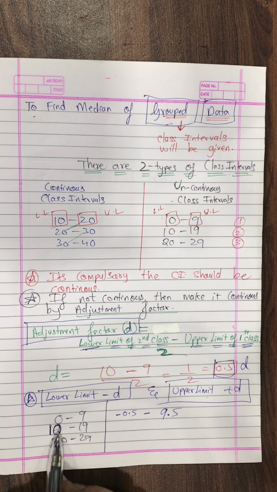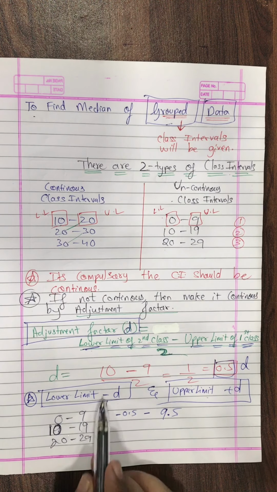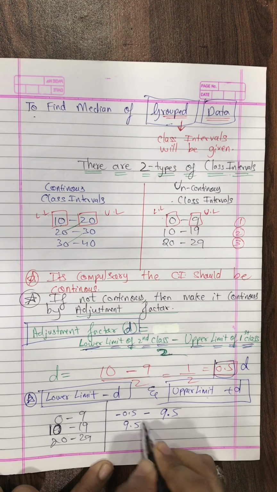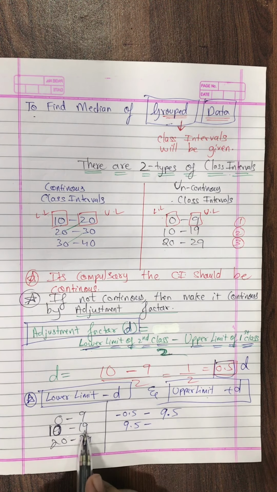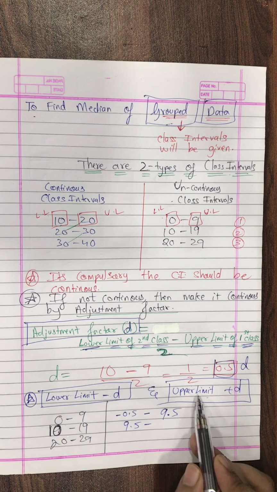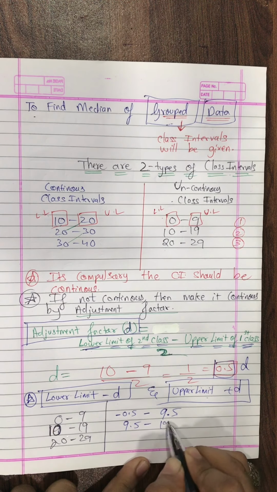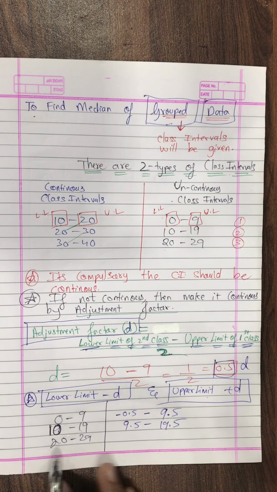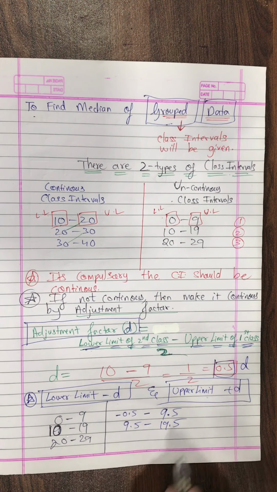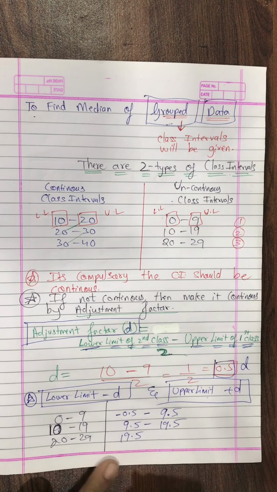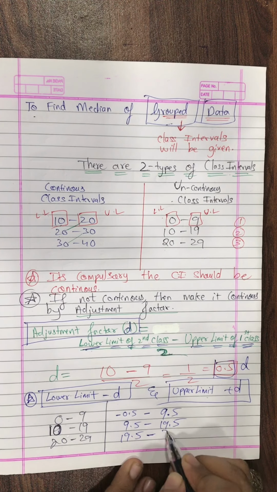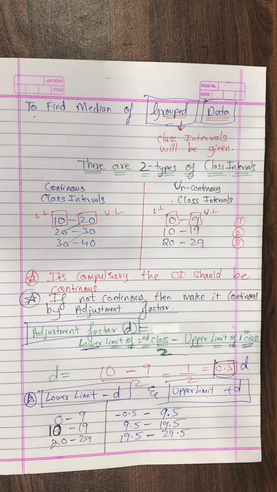Lower is 10, lower minus d, so 10 minus 0.5 becomes 9.5, to upper 19, so 19 plus 0.5 becomes 19.5. Lower 20 minus 0.5 becomes 19.5, to upper 29, so 29 plus 0.5 becomes 29.5.